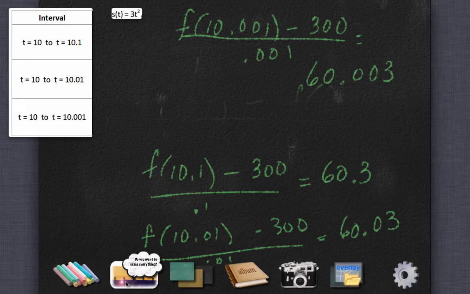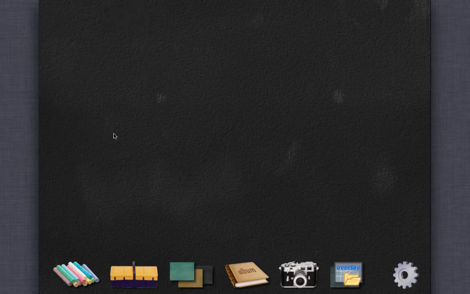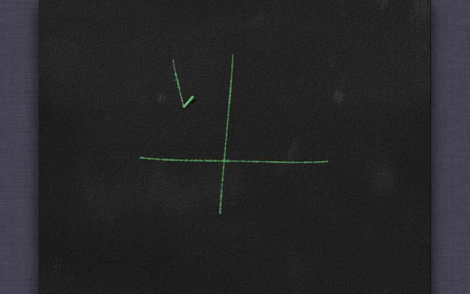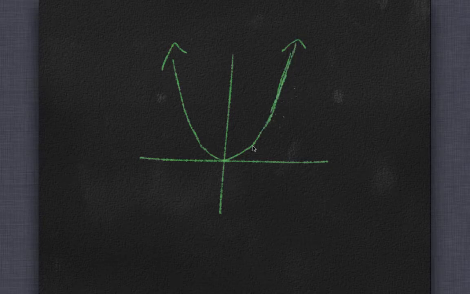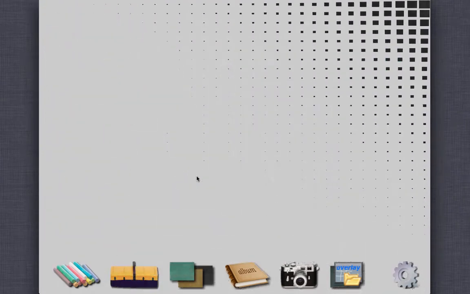So here's what's happening. I have actually a quadratic, right? 3t squared is quadratic there. So let me kind of zoom in on the bit about 10. So here's 10, and this is around 300, right? That's already fairly linear.